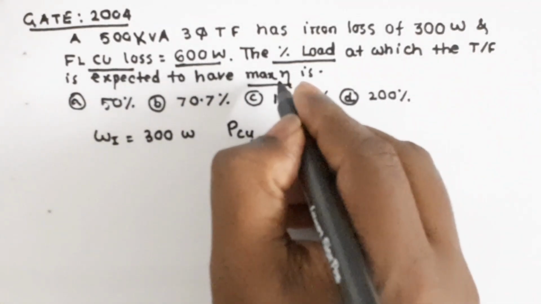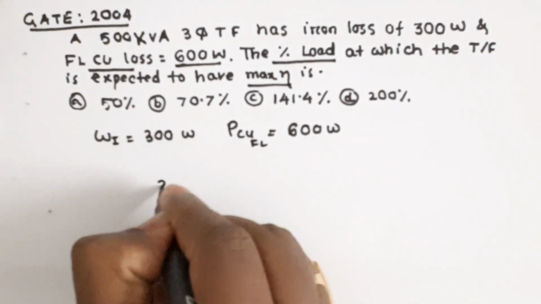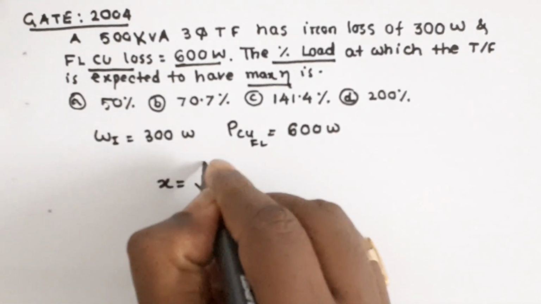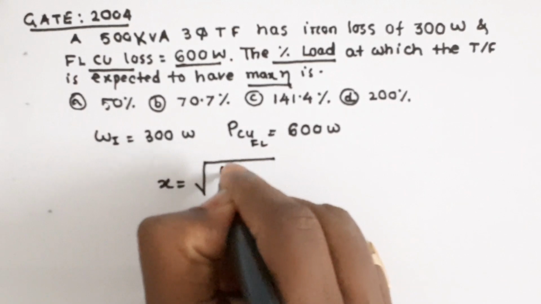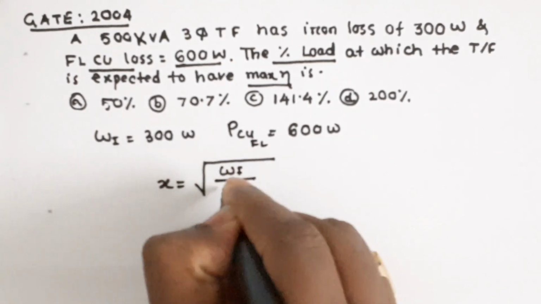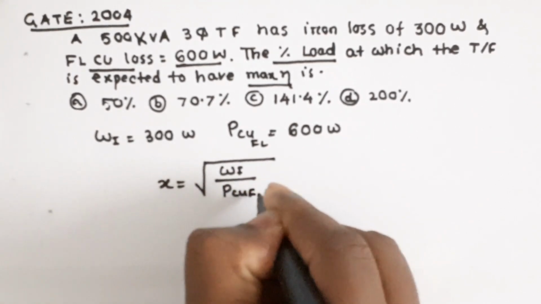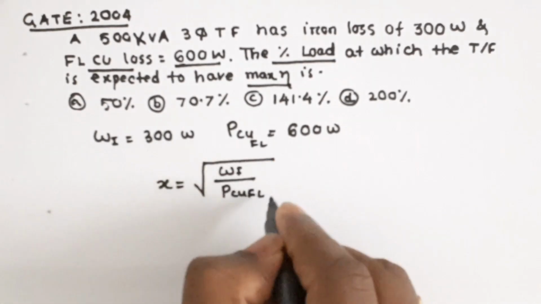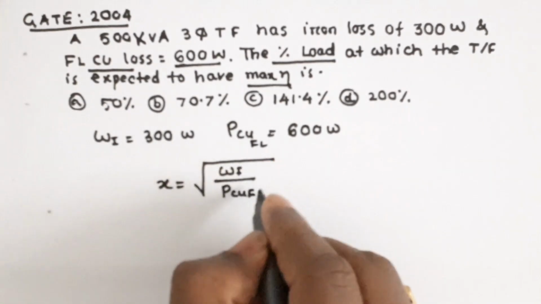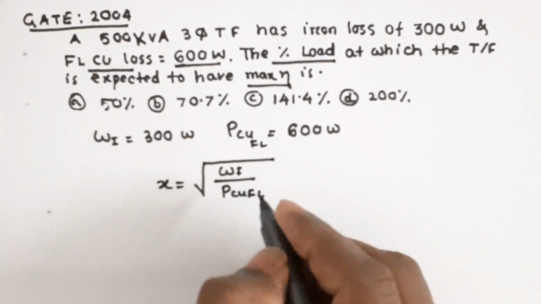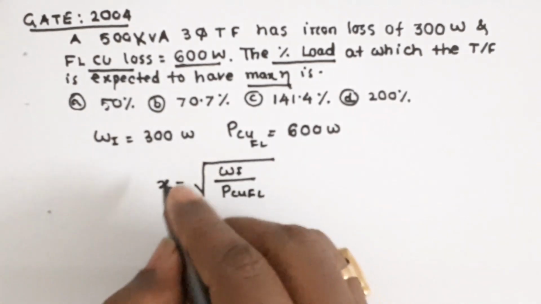At maximum efficiency, all of you know, the percentage of loading X is given by root over of iron loss divided by full load copper loss. This relation we have derived in the theory portion in this video. We must remember this relation.